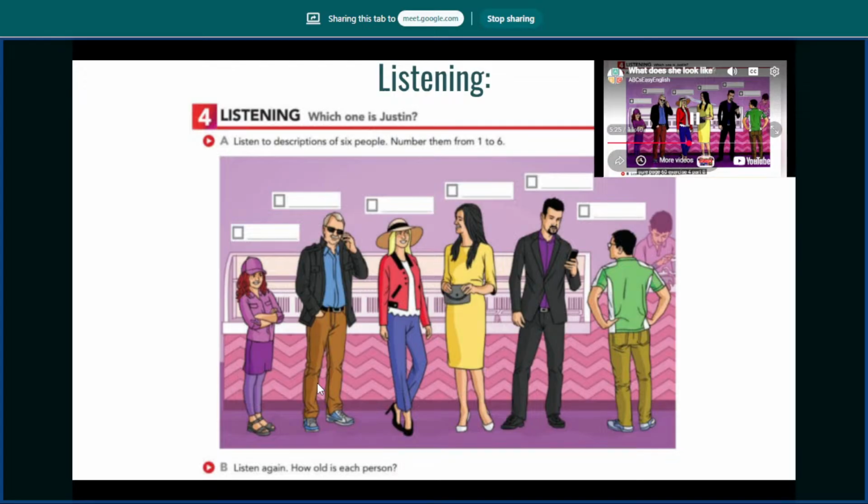Part B. Listen again. How old is each person? 1, I think Chris is good looking. He's pretty tall with dark brown hair and he has a beard. I think he's about 30. 2, Courtney's 18.